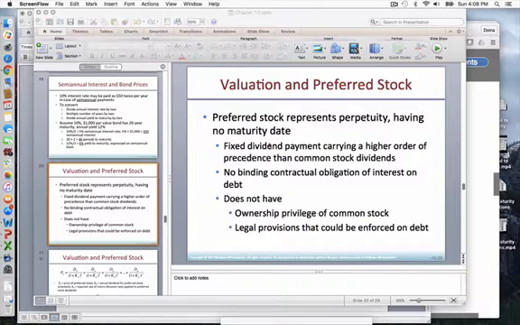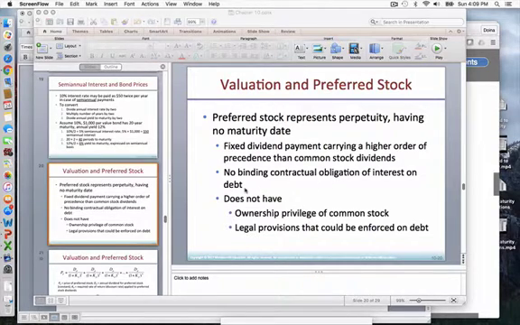For the preferred stocks, if you recall from chapter 2 when we reviewed the financial statements, if you are a preferred stockholder, then you are paid fixed dividends, and you have no binding contractual obligation of interest on debt.